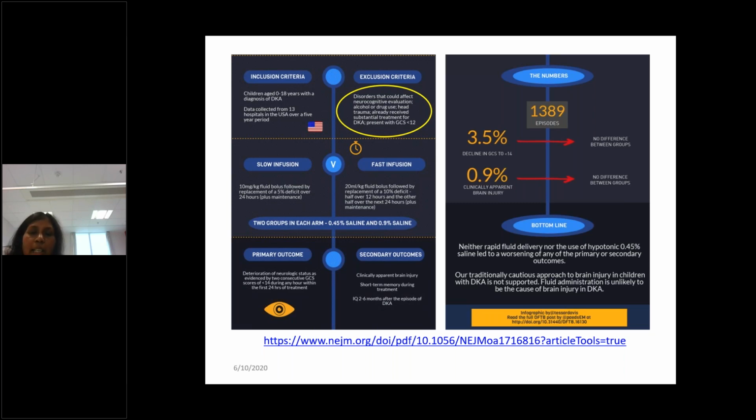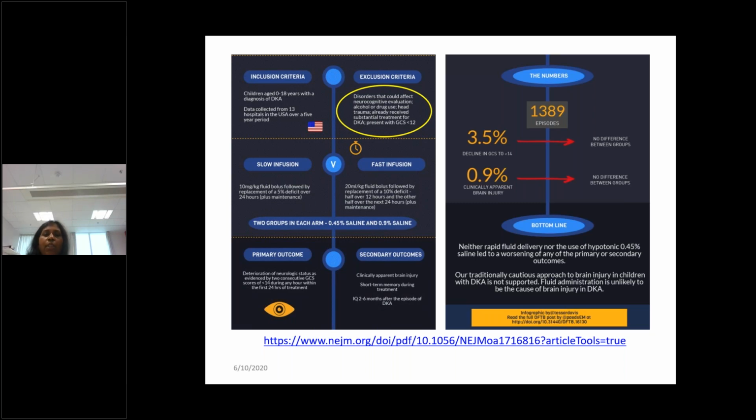So the bottom line is, neither the rate of fluid administration nor the change in the concentration of the fluid, whether it is 0.45 or 0.9%, led to any worsening of either the primary or the secondary outcomes.